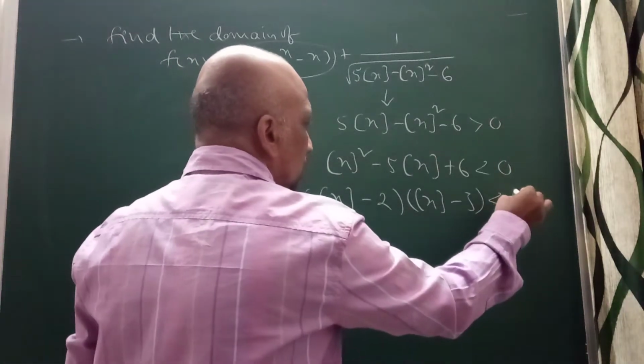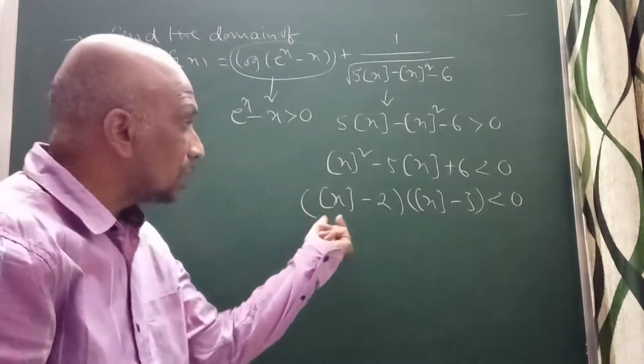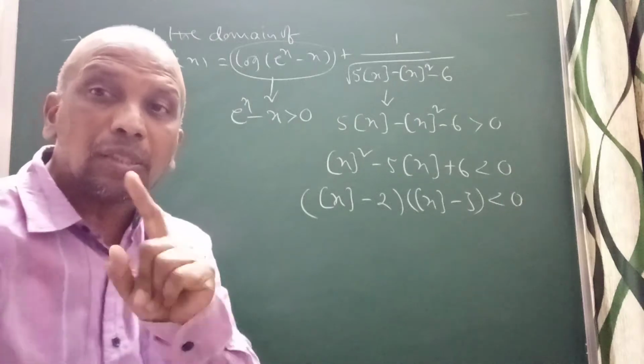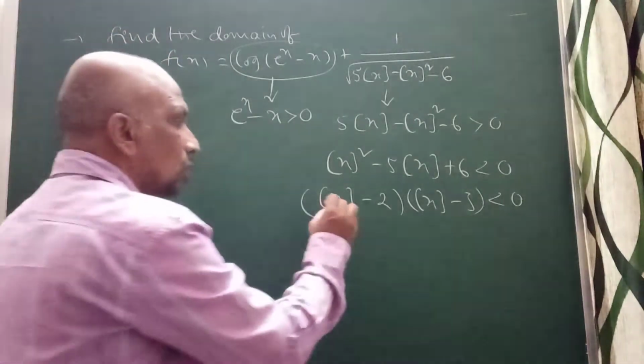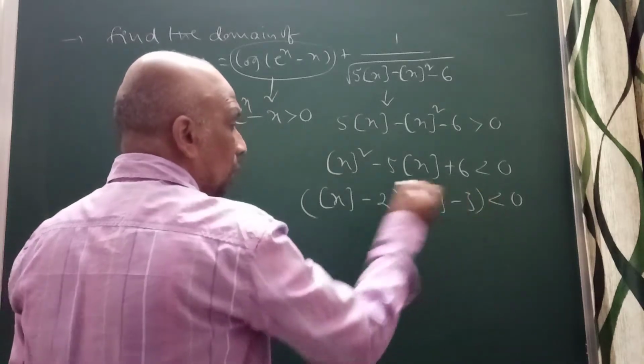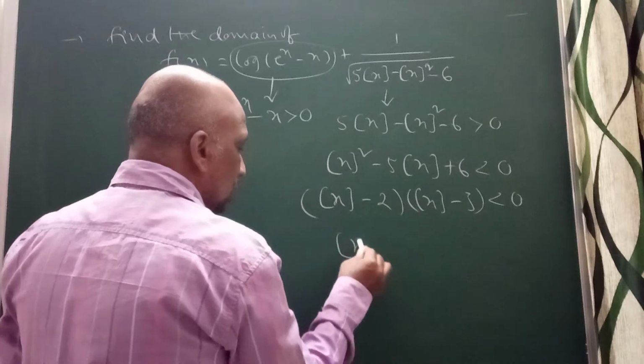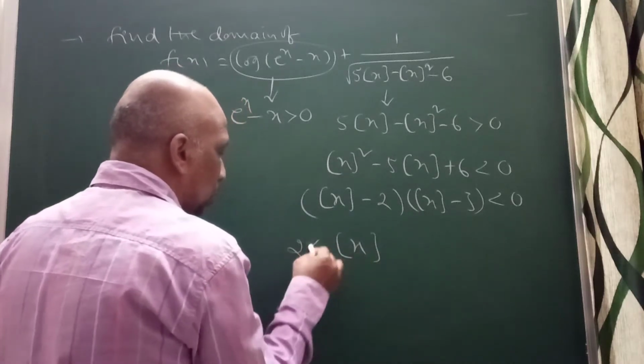A product of two linear factors less than 0 means [x] lies between 2 and 3. So [x] lies between 2 and 3.